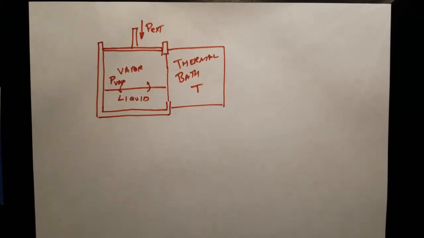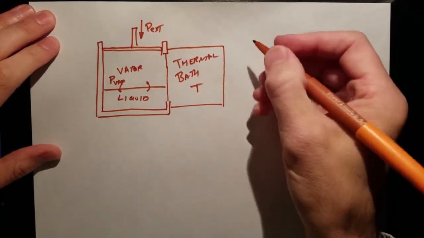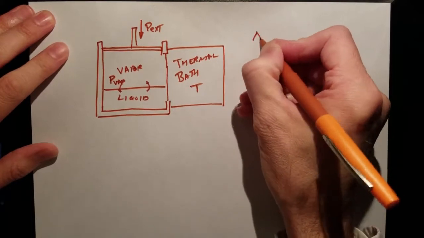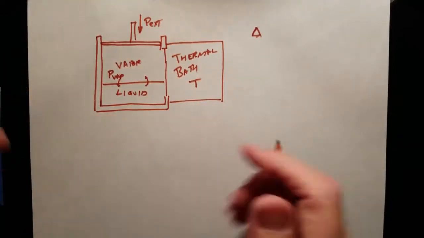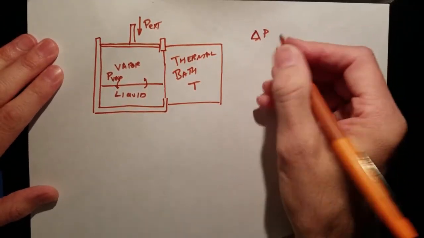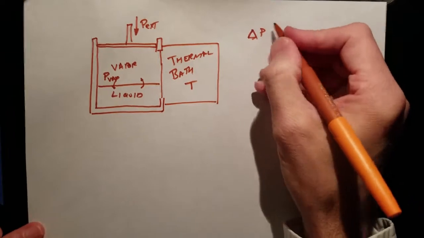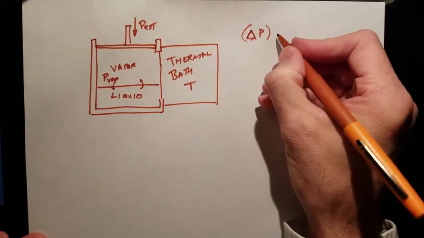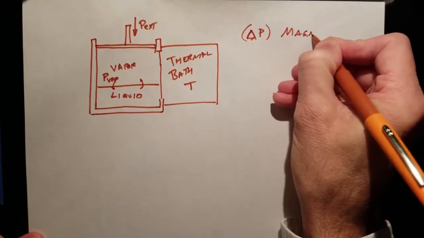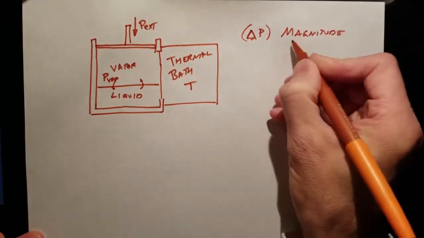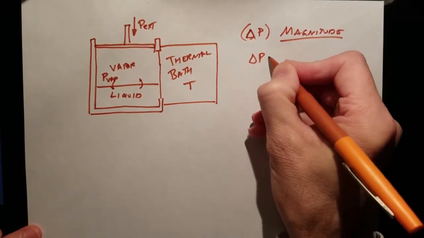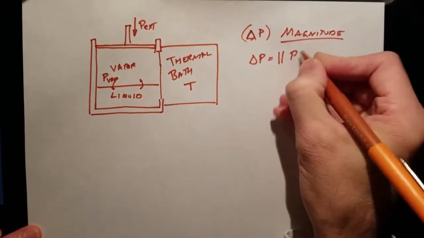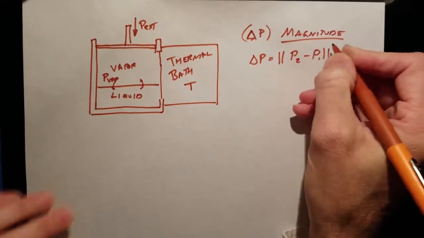Now, this is the first point in the text that I think really needs an annotation. In the Gaskell text, he talks about changing the pressure by either depressing or extracting the plunger as delta P. And what's important here is this is a magnitude. It's delta P equals the magnitude of P2 minus P1.